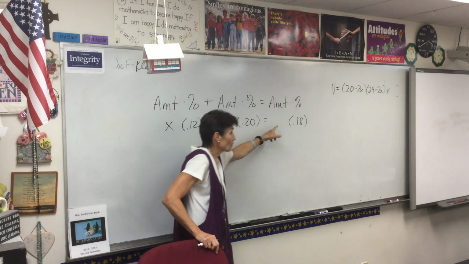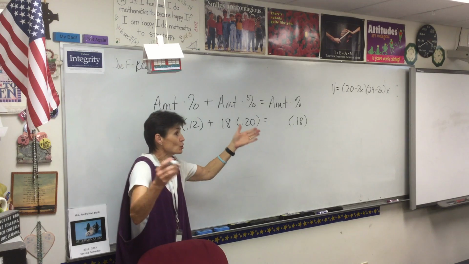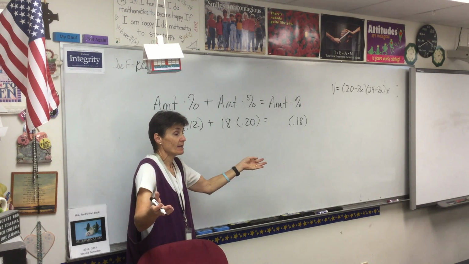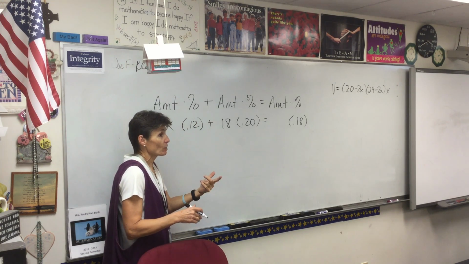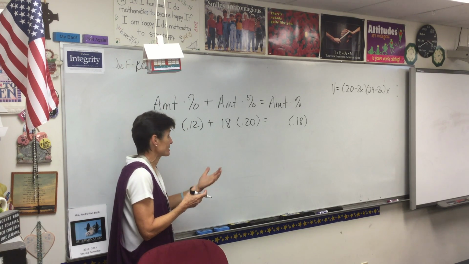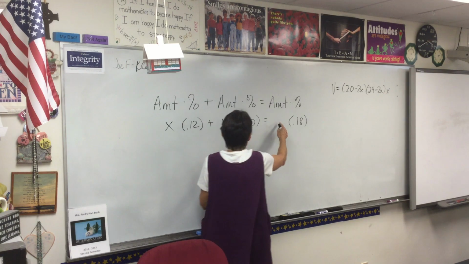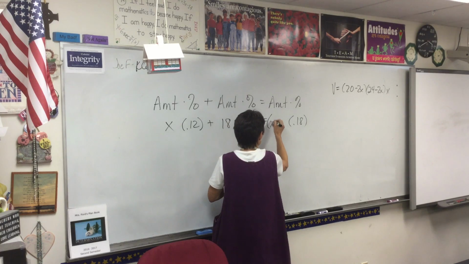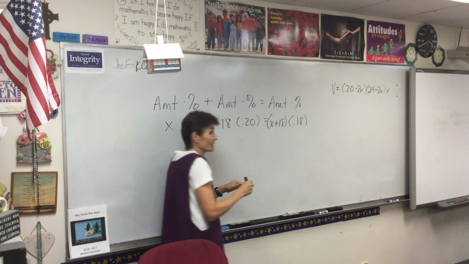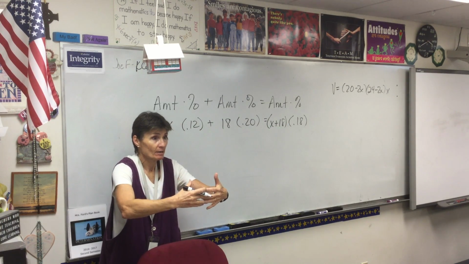Now, what goes over here? Well, that's the total amount of lemonade that you have. You can put Y, but then you'll need another equation, so you might as well just recognize what Y would have to equal: X plus 18. Think about it, kids. You've got a big bucket here.